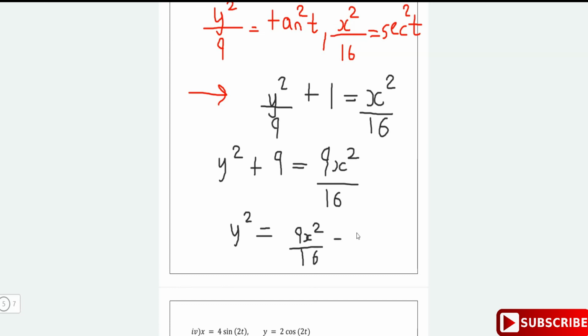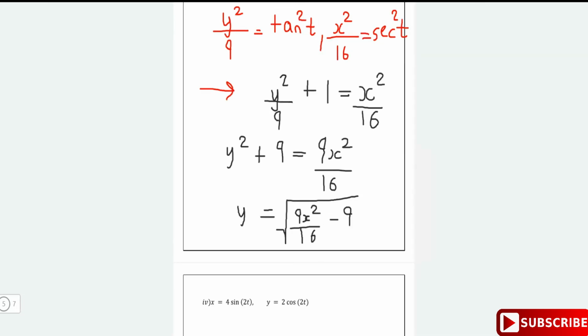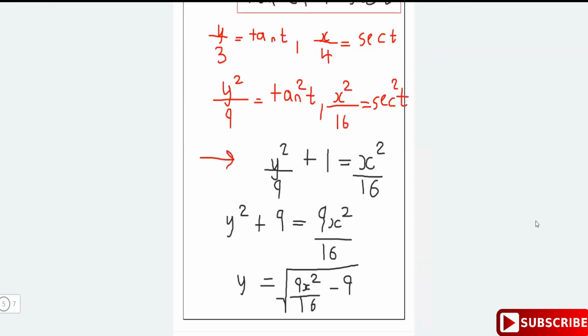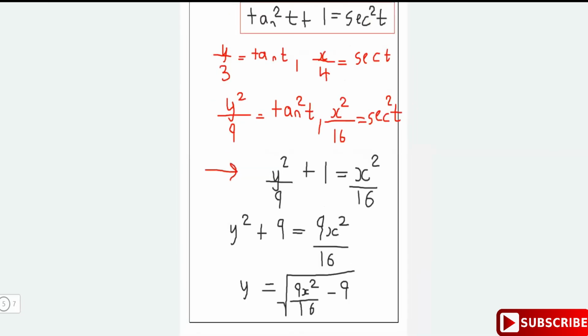Now if you want, you can just square root both sides to leave it as y is the square root of 9x squared over 16 minus 9. This would be your Cartesian equation for this question. No problem.